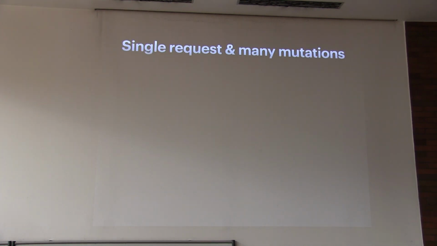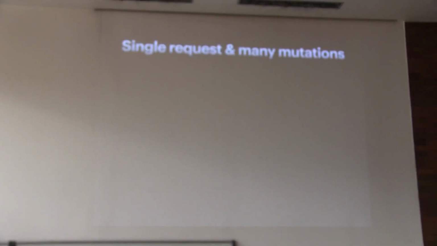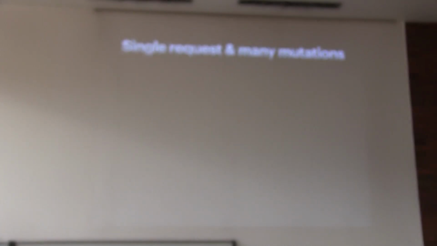Okay, an additional thing to take into consideration, because people sometimes are not aware of that. People know that they can construct very complex queries in GraphQL, but you are also able to send multiple queries at once using aliases, and you can do the same for mutations.